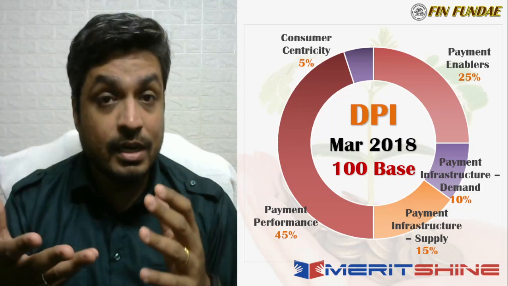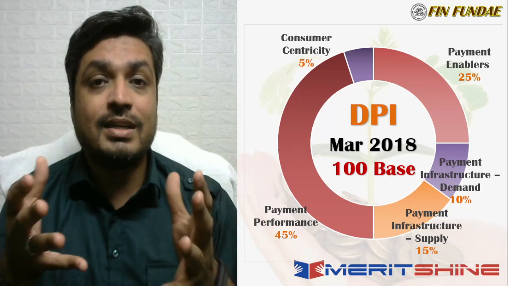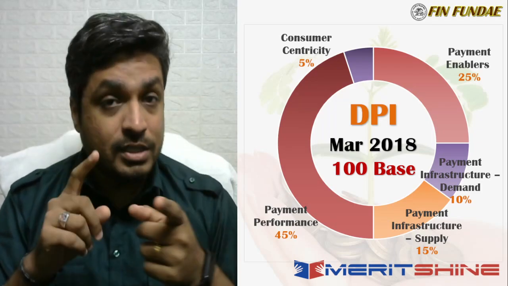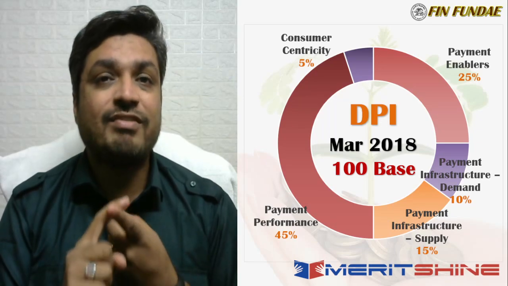If it is happening still through a paper based instrument or through cash, then obviously the digital payment performance has not done well. That's the whole context, right? So the first biggest criteria is your payments performance, which basically looks at 45%.